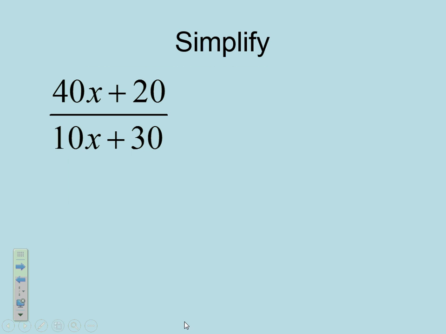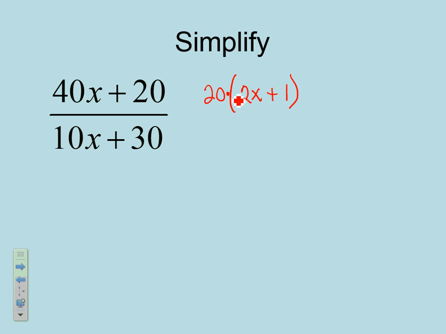All right, so let's simplify this fraction. First, you need to factor it. You cannot have terms. You have to have factors. So the greatest common factor between 40x and 20 would be 20. 20 goes into 40x 2 times with an x, bringing down the 20, and 20 divided by 20 would be 1.